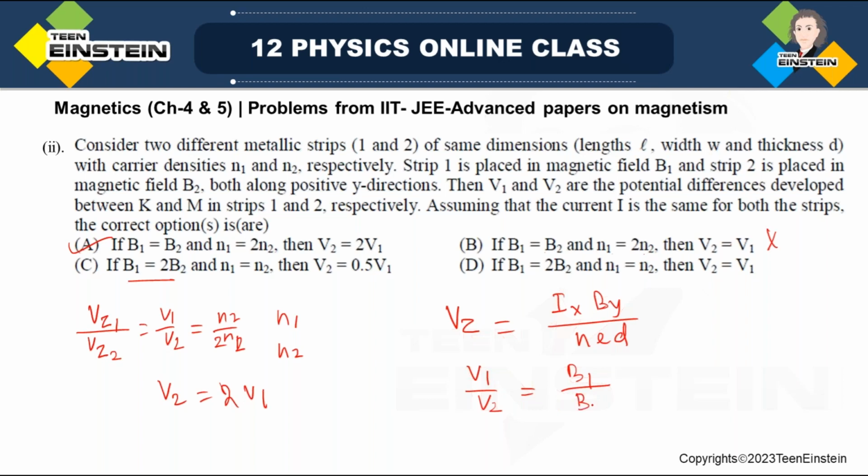So it is 2B2 by B2, and V1 will be equal to 2V2, or V2 will be equal to 0.5 V1. That means option C is correct. This is not correct. This is how you have to find out the answer.